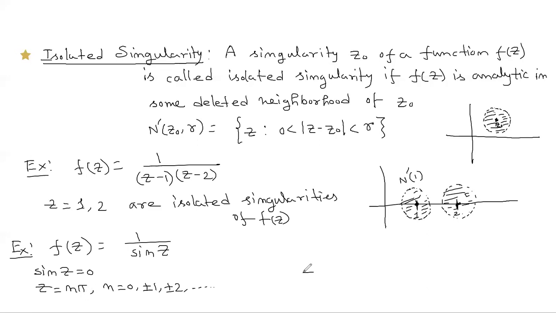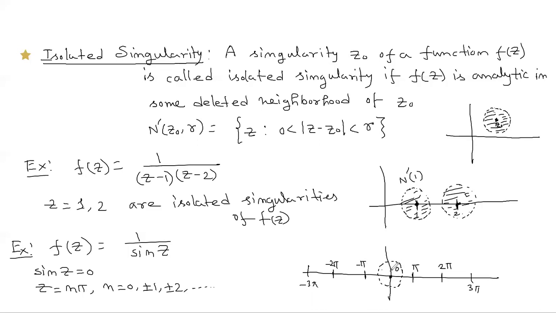So here you can see, 0 is a singularity. Next, pi and minus pi are singularities. 2 pi is a singularity. Minus 2 pi is also a singularity, and so on. So about 0 we can form a very small deleted neighborhood, where the function f(z) equal to 1 by sin z is analytic at every point except the point 0.